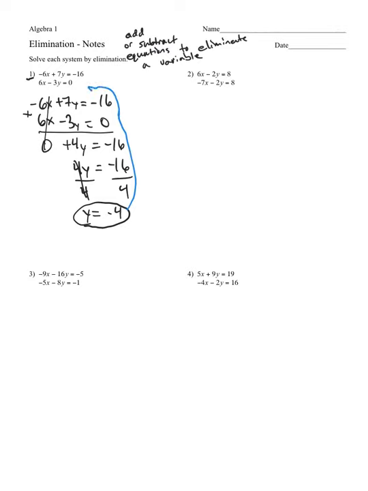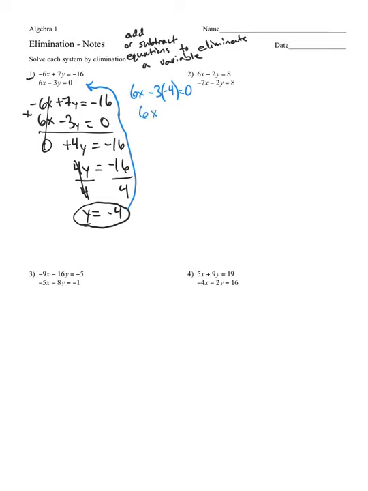I'm going to go with the bottom one. It doesn't matter at all which one you plug it into. So I'm going to plug in the variable y, which we know is negative 4.